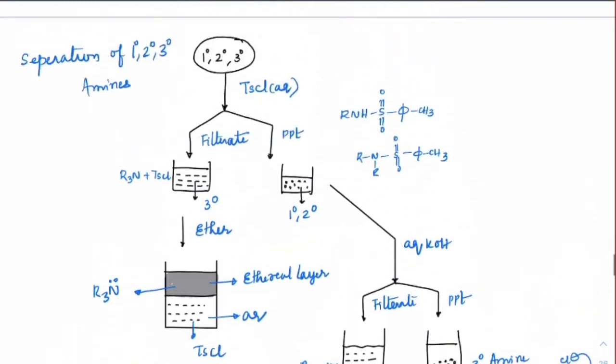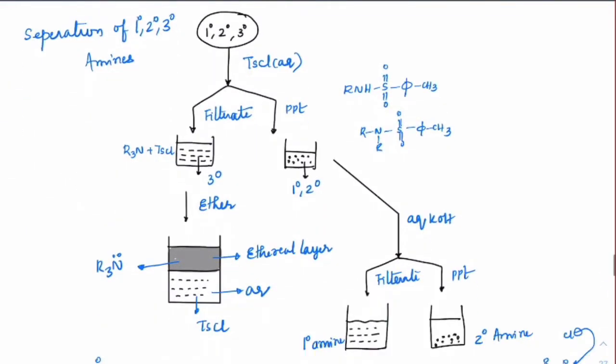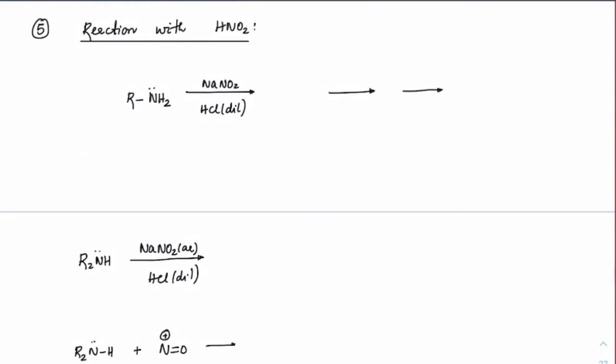Okay. So two things are being done by the Hinsberg test. One is detection, primary, secondary, tertiary. Second thing, we can separate them out if it is a mixture. Now coming to the next reaction, that is reaction with HNO2. We have seen the reaction with HNO2 before. We call it diazotization, where we know that first it will form RNH2+.